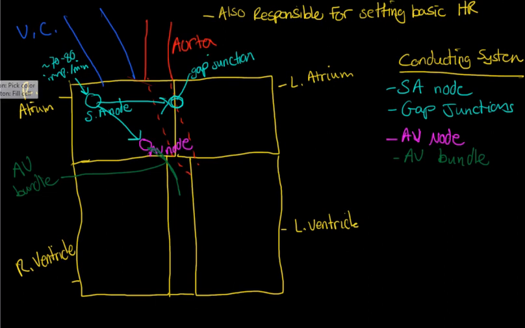Then we're going to break off into the right and left bundle branches. We're going to have a right bundle branch and a left bundle branch. And from there we're going to move into Purkinje fibers. So we'll pick this color.